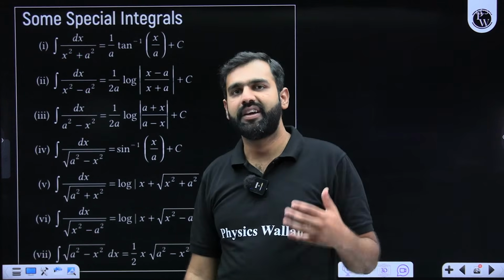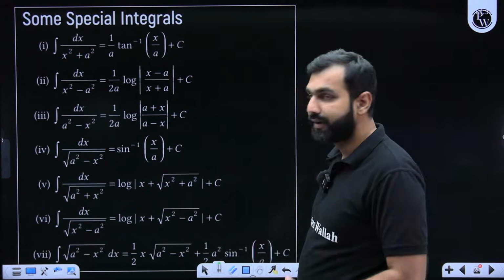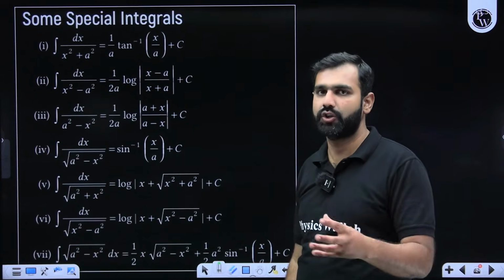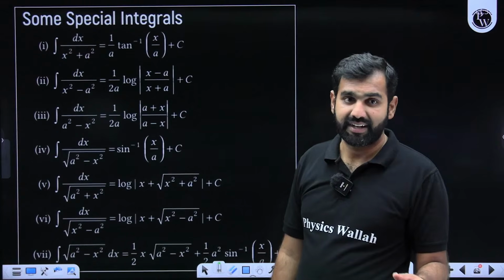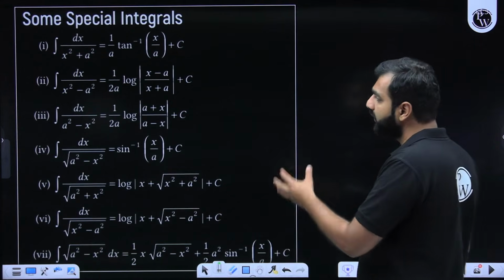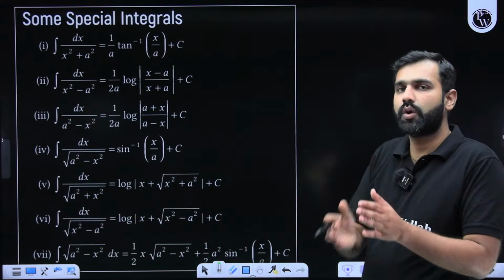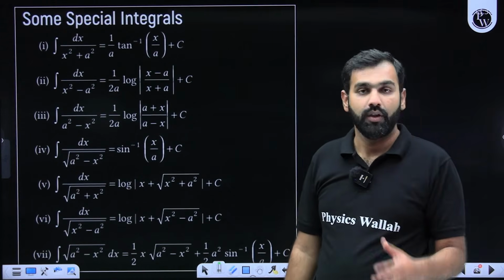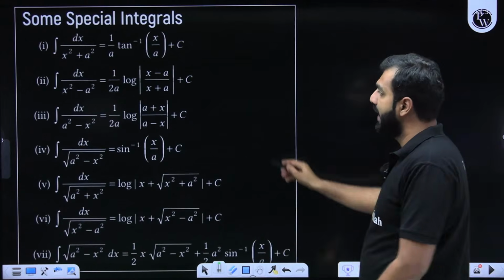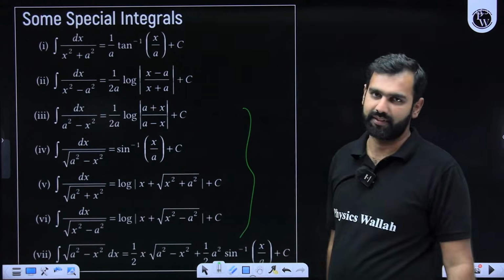They are derived with the help of some substitutions. Those substitutions cannot be discussed at this stage, so I'm asking you to learn these directly, because you cannot derive these formulae in the real examination hall. You won't be having that much time. So simply try and learn them. And in the same fashion, remember these as well.